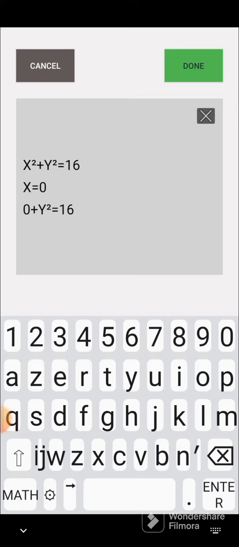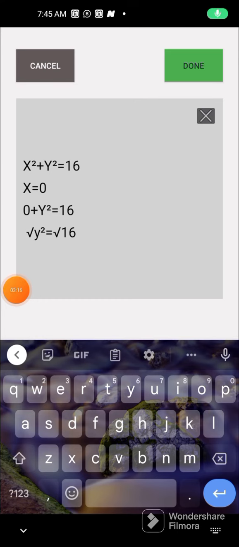We are finding y. So how do we find y? You know y squared is equal to 16 because 0 means nothing. You find y by square rooting both sides. So we square root both sides and we get the square root of y squared is equal to the square root of 16.